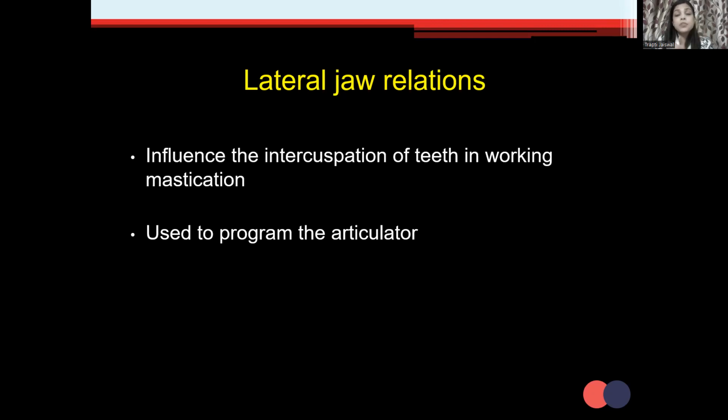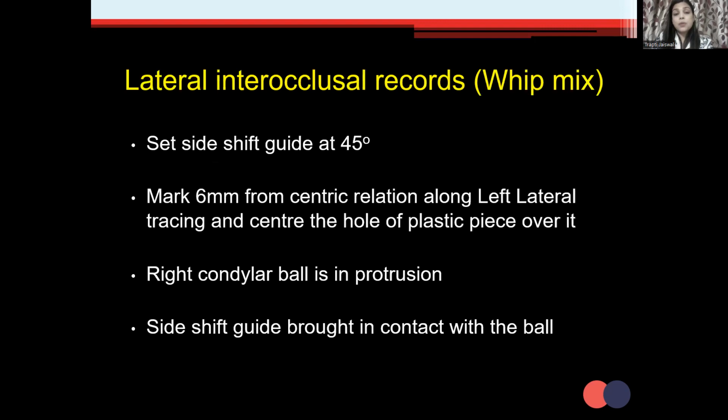The side toward which the mandible moves is the working side, and the condyle on the opposite side is the balancing side. So these lateral movements influence the intercuspation of teeth in working mastication, that means during the functional movements. So the lateral angle is also very important, and it helps us to program the articulator.